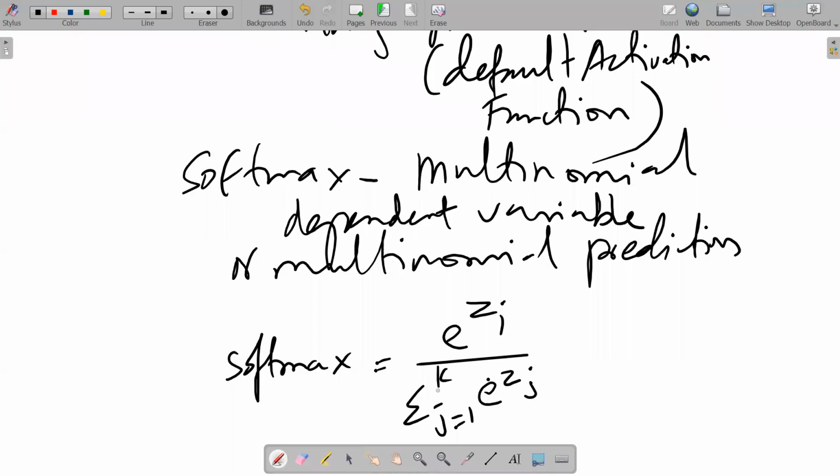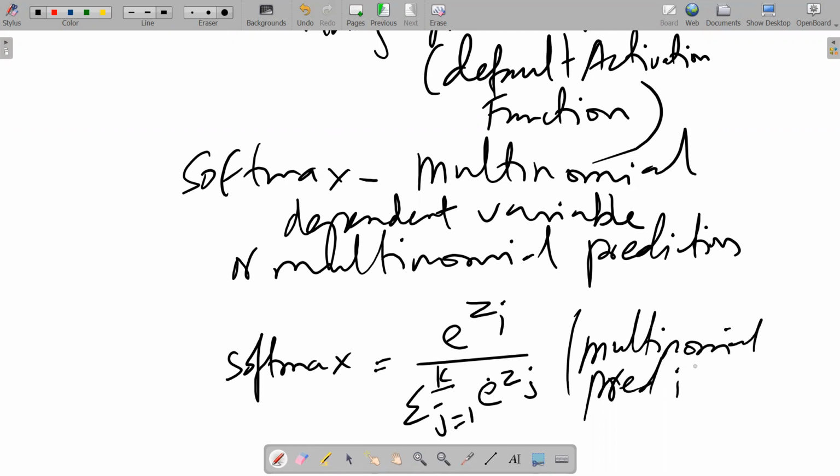So basically, K is your number of levels, your classes in your dependent variable. K is equal to 1, K is equal to 2, K is equal to 3, like that. We will have multiple classes in the dependent variable. So e to the power of z_i divided by the sum of e to the power of z_k. This is what the softmax function is. So softmax must be used for multinomial predictions. Most of the time we use deep learning for multinomial predictions only.